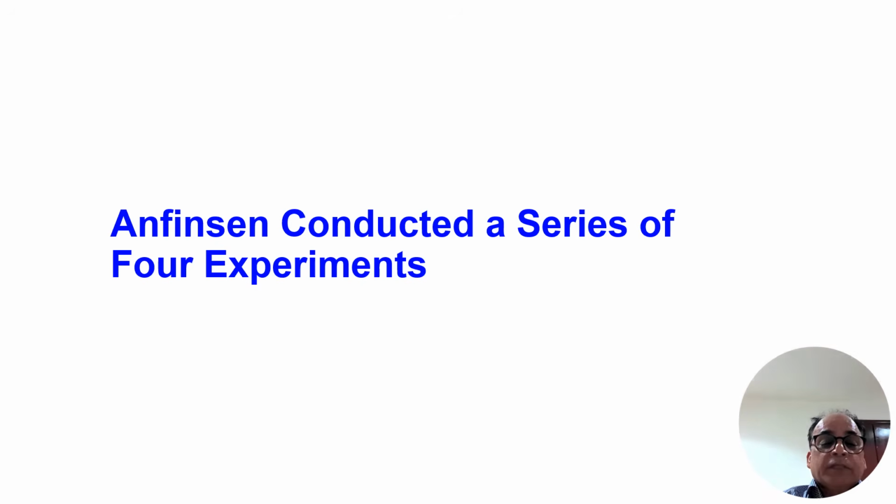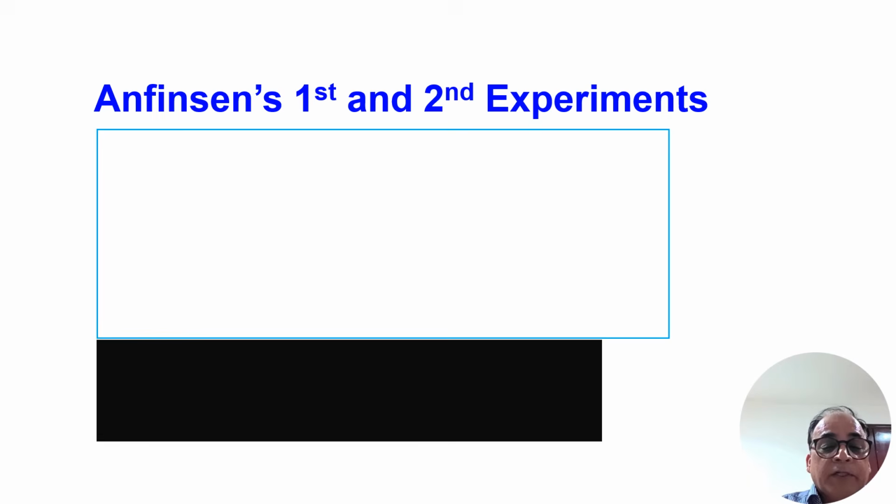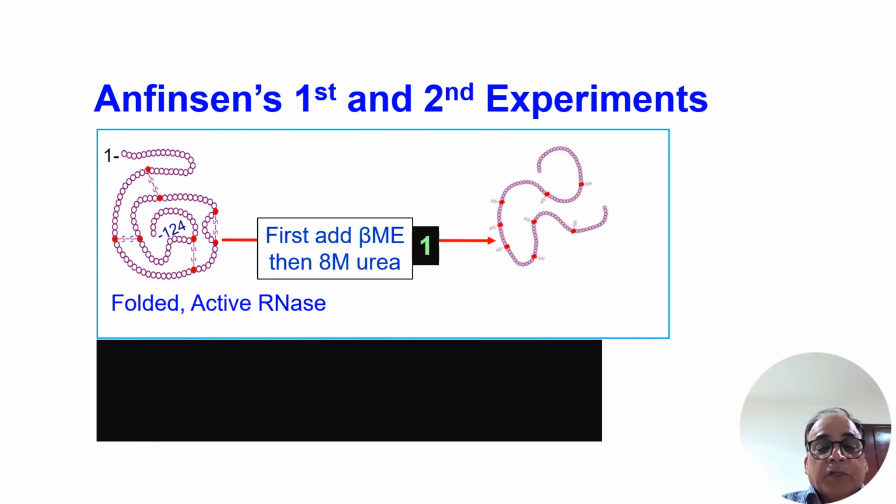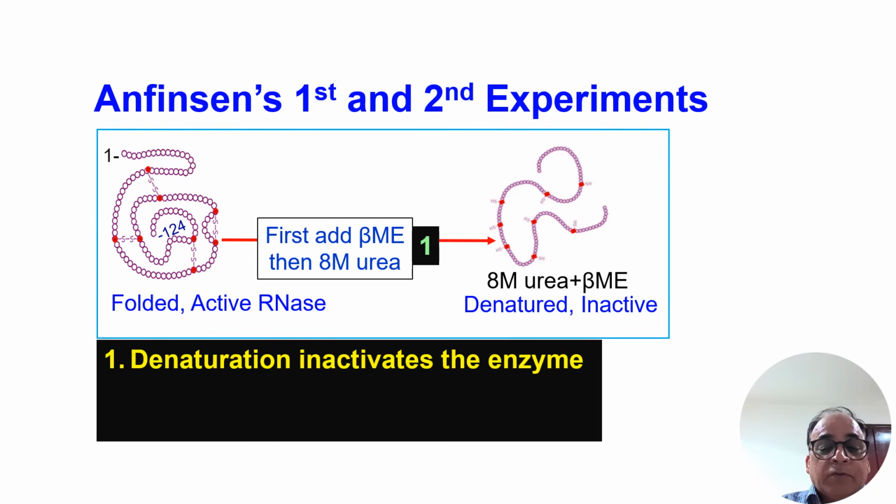Now coming to his experiment, Anfinsen conducted a series of 4 experiments. In experiment number 1, he treated the RNase sample with urea and beta mercaptoethanol and the enzyme was denatured and inactive, suggesting that enzyme is active only in folded structure and denaturation causes inactivation of enzyme.